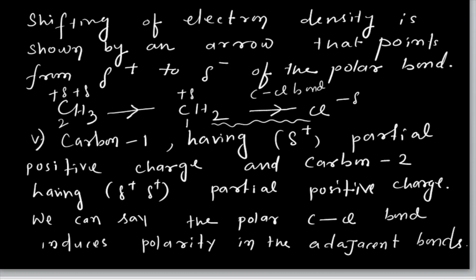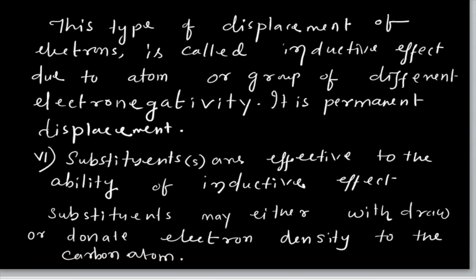So first carbon 1 is delta plus and second carbon 2 is delta plus. Carbon 1 induces the second carbon by the polar bond, that is called the adjacent carbon.